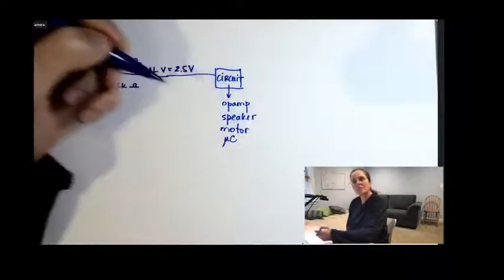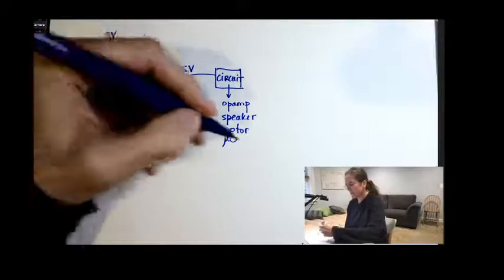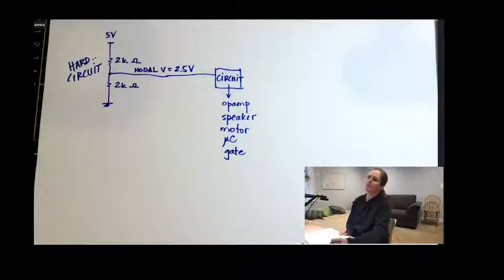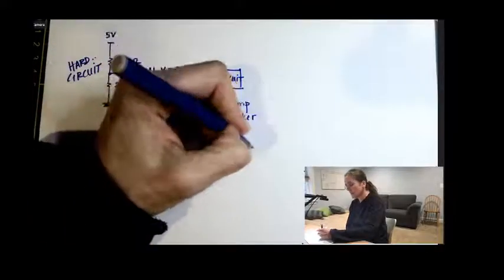If this were 5 volts, it could be a TTL gate, like a 7404, 7400, which is an AND gate. If you're taking EC231, you're memorizing those: 7408, 7411, 7474. It could be a flip-flop.